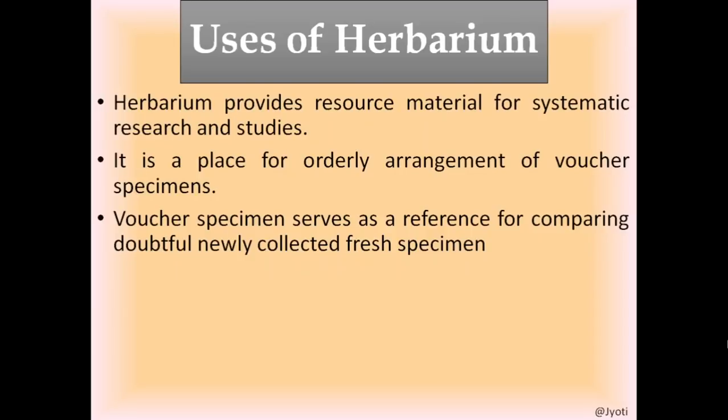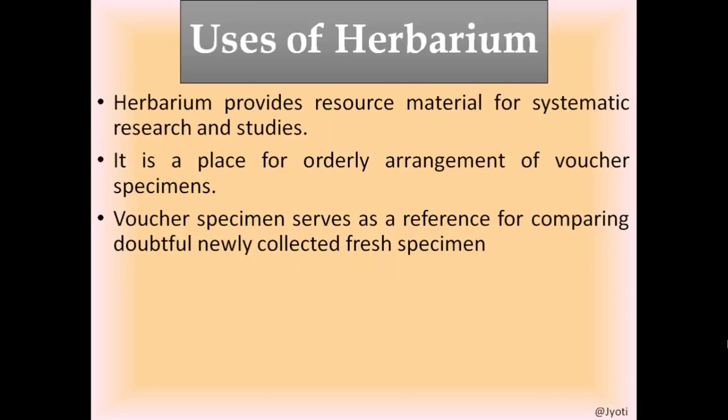So suppose you have collected a fresh specimen and you are in doubt about its classification, exactly in what location or in which order it is to be placed. If you are confused, if you are in doubt, then there are certain sample specimens in the herbarium sheets.